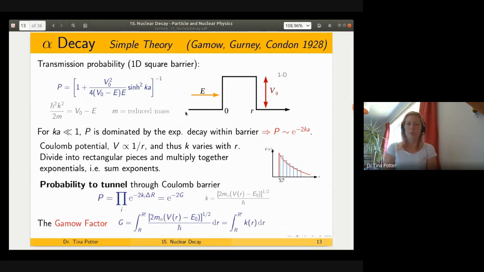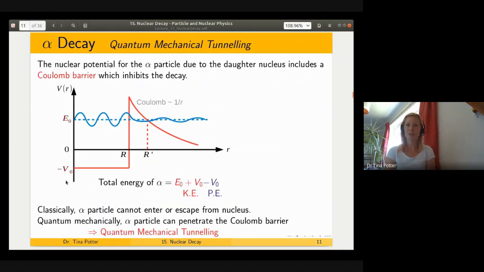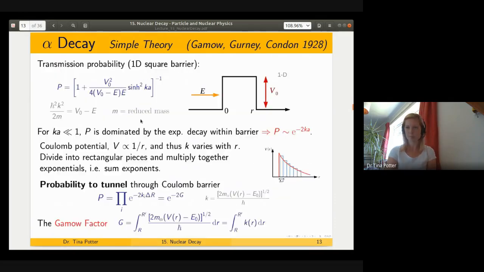Since we're talking about very small distances, the probability for escape is actually going to be dominated by the exponential decay of this potential within the barrier. So it depends on how this Coulomb potential decays. That potential decays throughout as R increases here. That's really important.